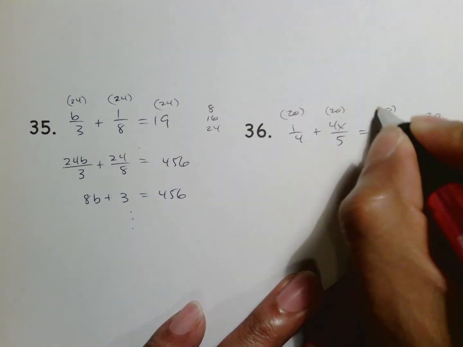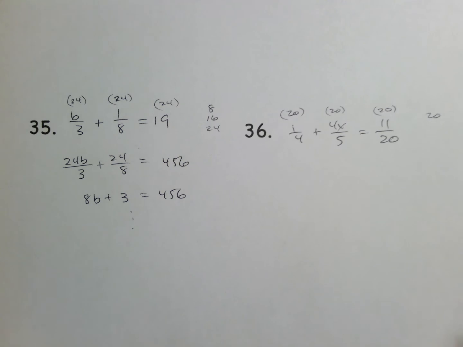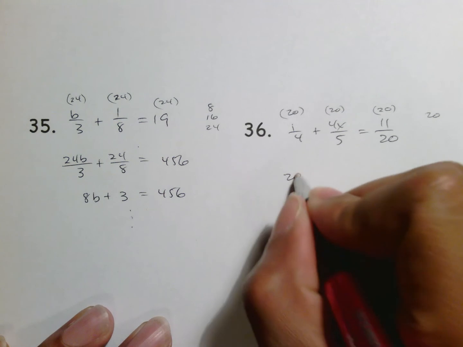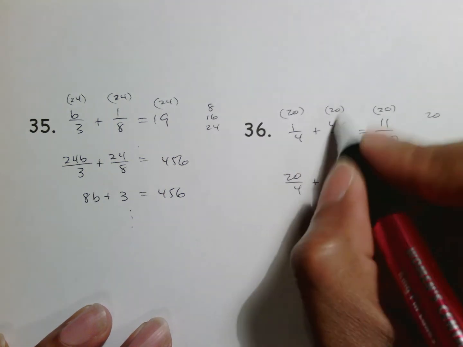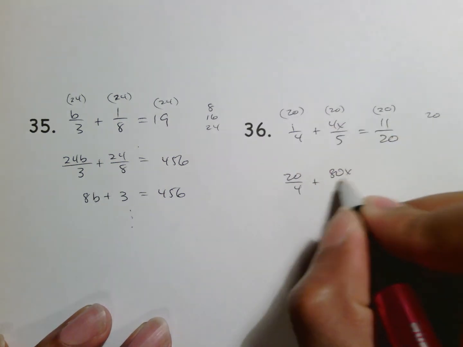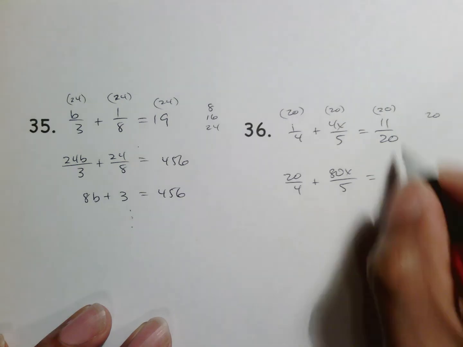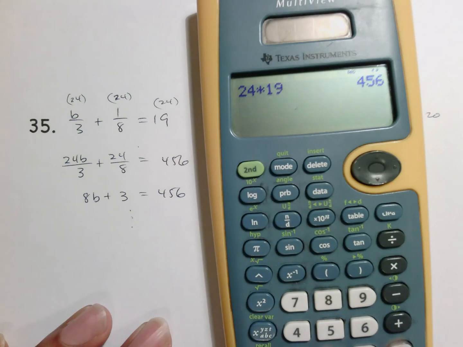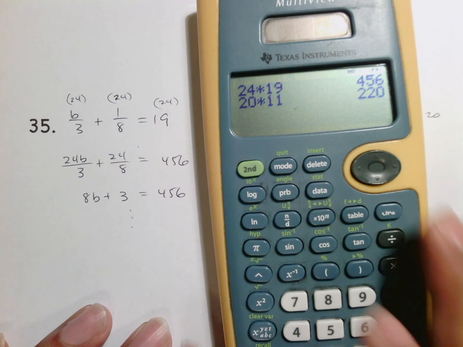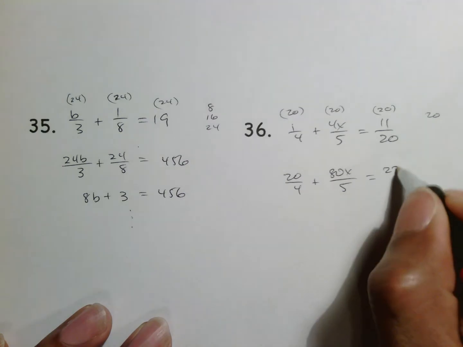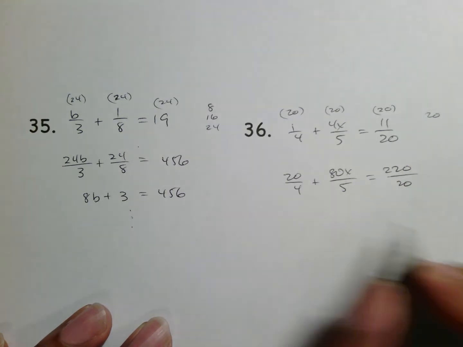If it wasn't, I would have checked 40, then 60, then 80. Again, whole number times the top gives us 20 over 4, plus 20 times 4 is 80x over 5 equals whatever 20 times 11 is, which is 220 over 20.